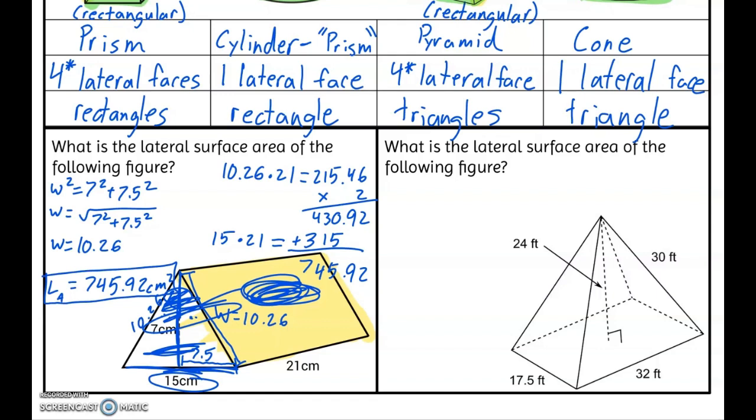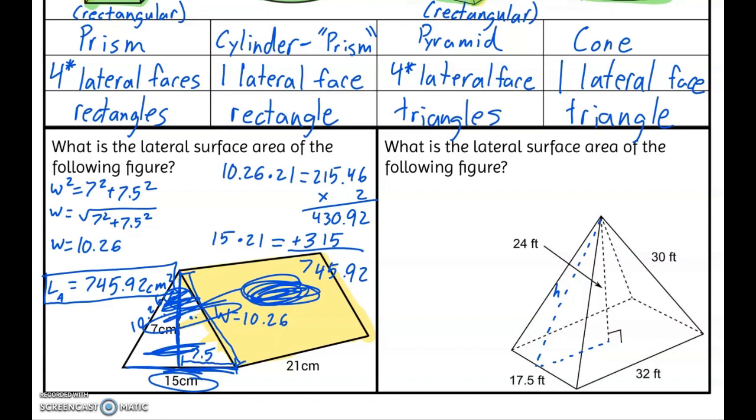Okay, now on this second problem right here, it says, what is the lateral surface area of the following figure? Well, this right here is a rectangular pyramid. Well, to find the area of a triangle, we have to do base times height divided by 2. So, what I'm going to do here is I'm first going to find this length right here, because this is the height of this triangle right here.